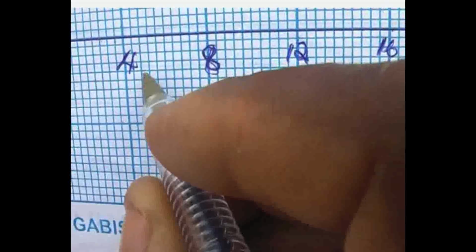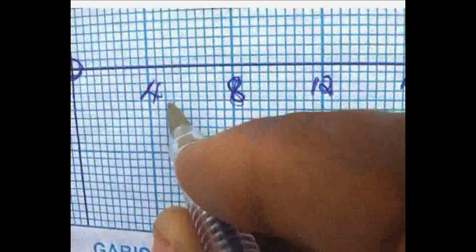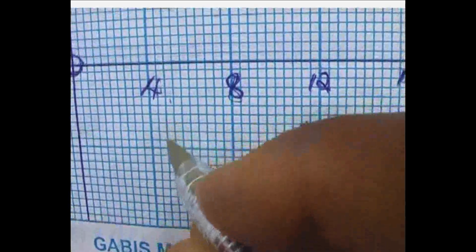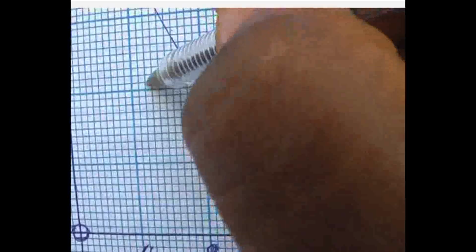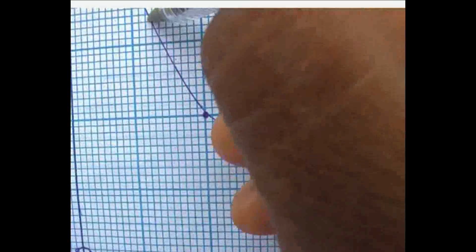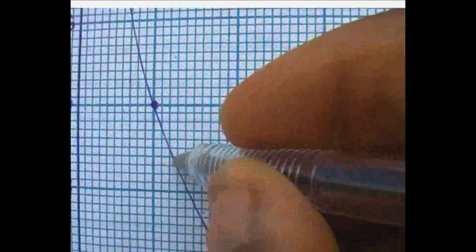That means 5 is going to be at the middle of this small square, somewhere here. So we're going to trace it up. Wherever it touches the curve, you read the value you have. It touched the curve here.